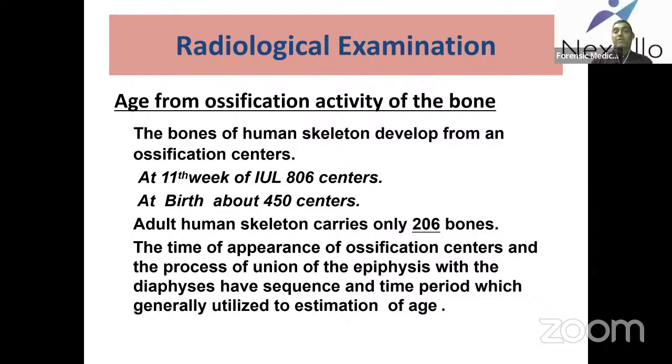But the time of appearance of ossification centers and the process of union of the epiphysis with the diaphysis have a sequence and time period which is generally utilized for estimation of the age. That's why, students, we have to understand the epiphysis and diaphysis fusions in X-rays. We have a radiologist also, so we will understand more about how you will read the X-rays.